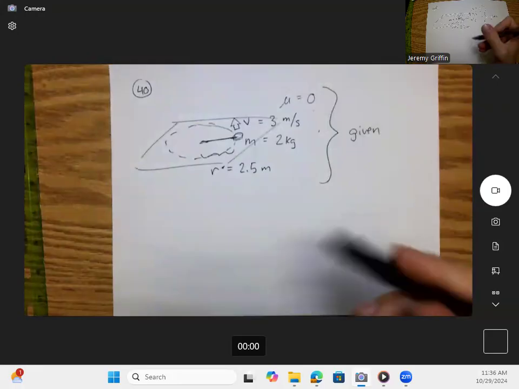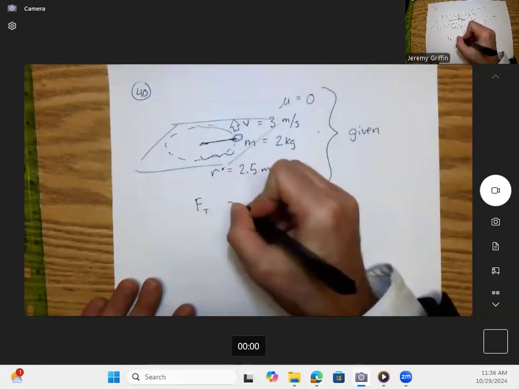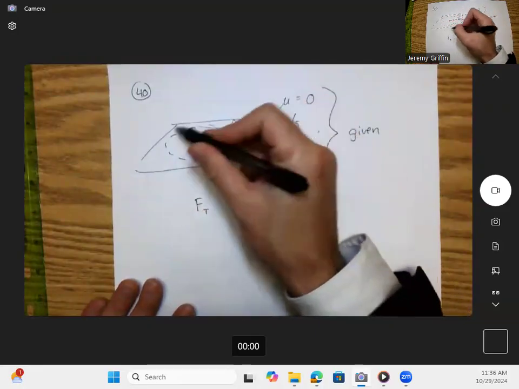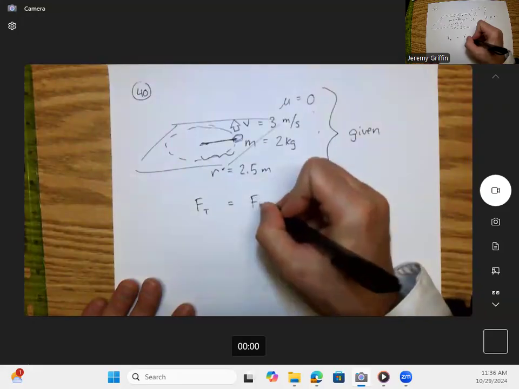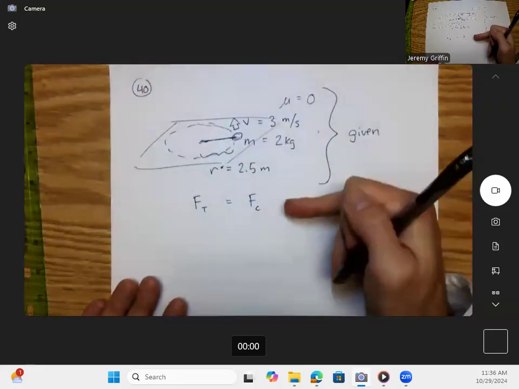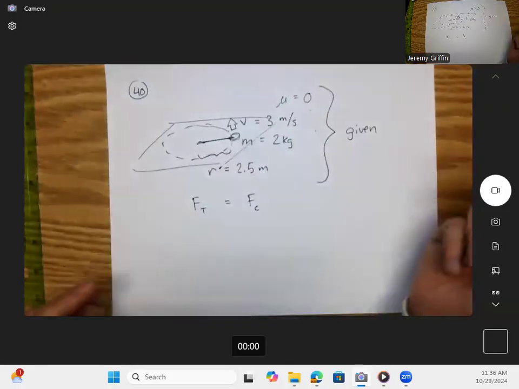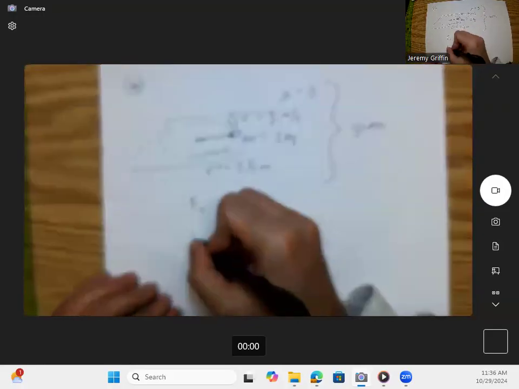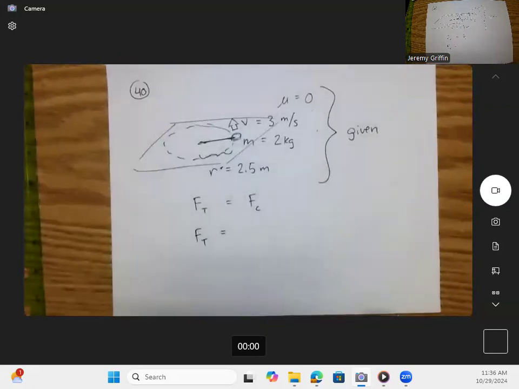Guys, is the tension acting as what kind of force to keep it in a circular path? Centripetal force. Aha. Okay. So there's the first step right there. The tension force in the string is acting as a centripetal force. Now, who knows an expression for a centripetal force?